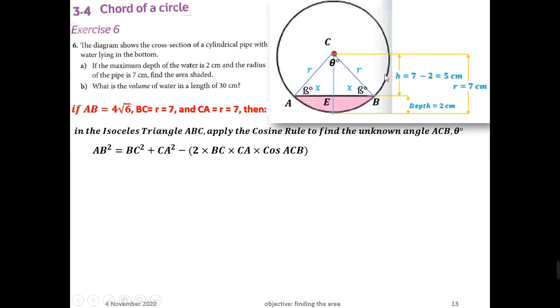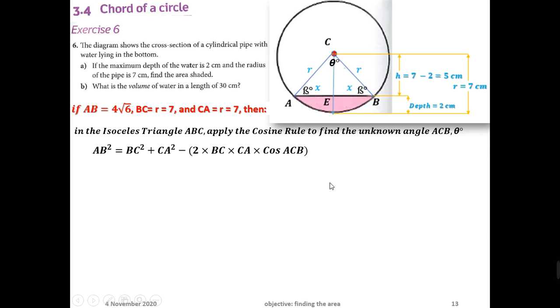Let's substitute. So before we substitute, AB is actually equal to 4 square root of 6, and we explained in the previous steps how we found x, and accordingly we added them to each other to find AB. BC is actually equal to r, which is 7. CA is actually the radius of the circle and is equal to 7 as well.